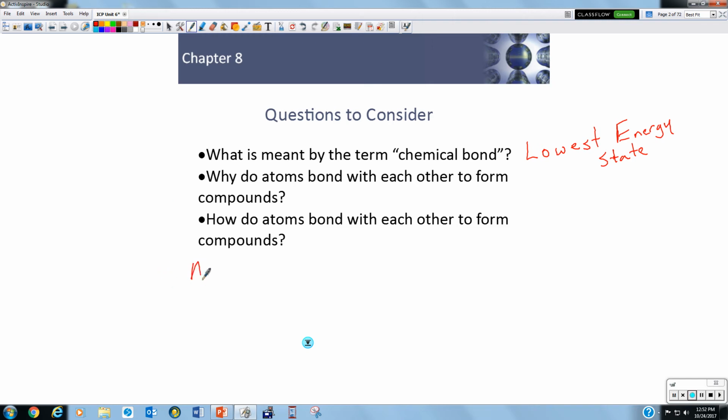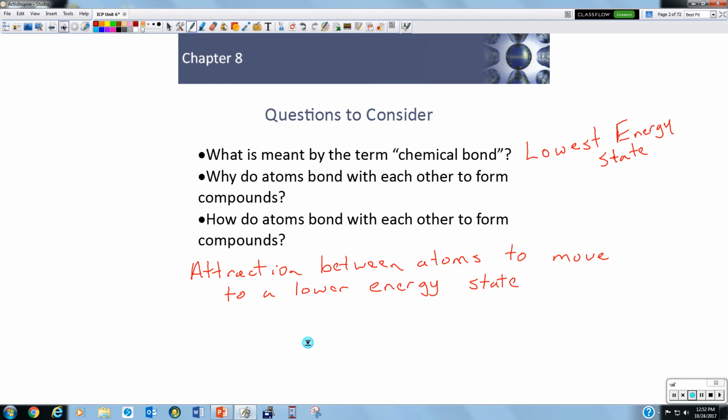So another way that we can say this is the attraction between atoms to move to a lower energy state.